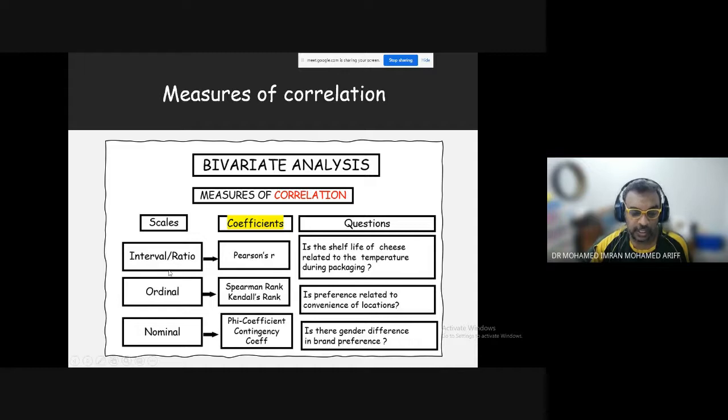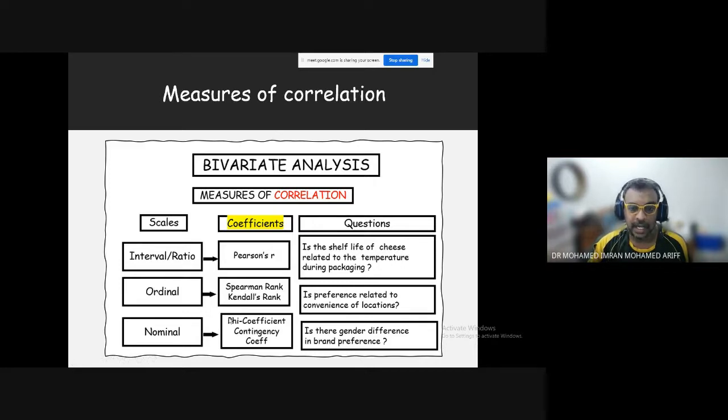If our questions are ordinal, then Spearman rank or Kendall's rank. If our scales are nominal, then phi coefficient, contingency coefficient.